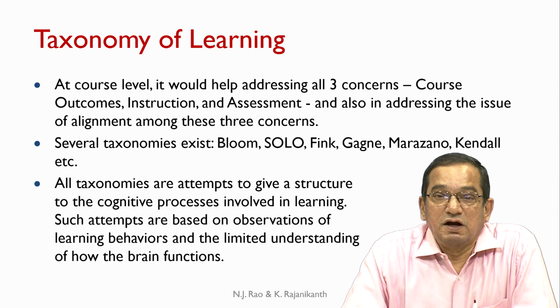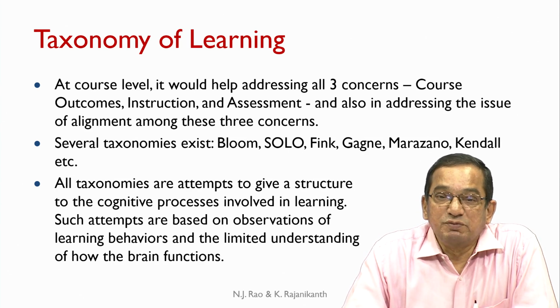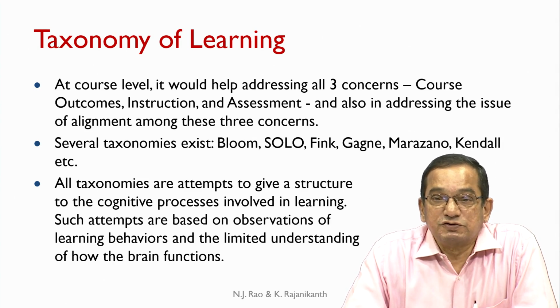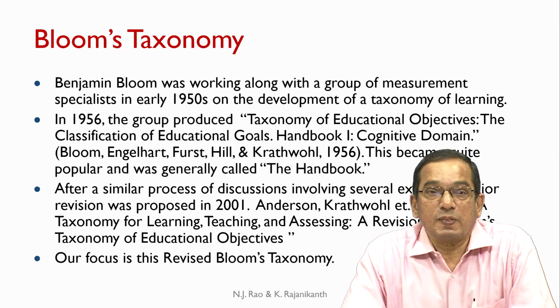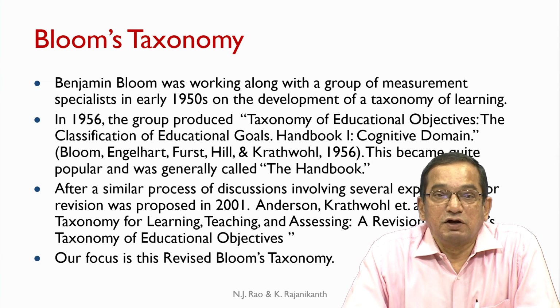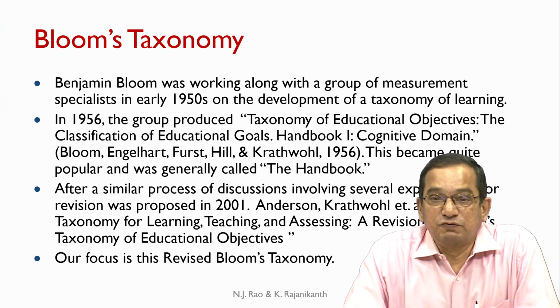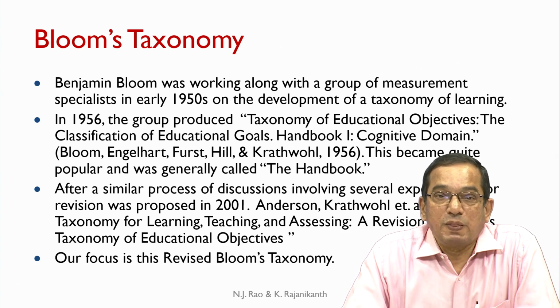They are attempts to give a structure to the underlying cognitive processes. To the extent that we have a limited understanding of how the brain functions, the taxonomies also are likely to have certain limitations. Bloom's taxonomy and its revision will be the focus for this unit.